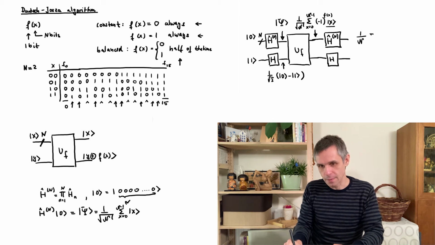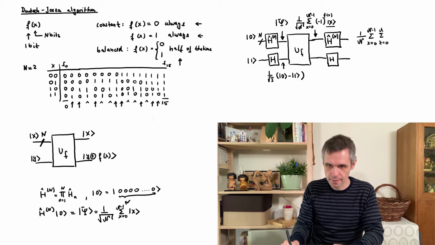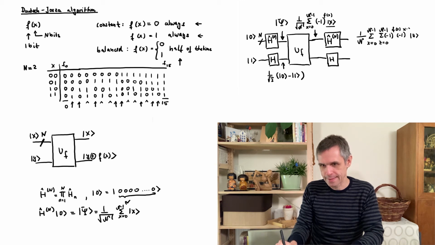And then we have a double sum running over x and also z. So this will now be a sum over all the computational basis states z. And in front of this we have factors of -1 to the power f of x and -1 to the power of the bitwise product between x and z.